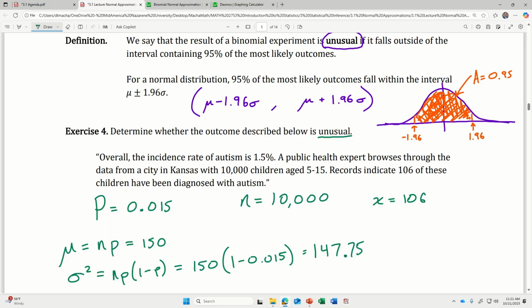So can I use a normal distribution here to approximate that? Yes. Because the threshold is 10, right? As long as this number is bigger than 10, then yes, normal is okay.